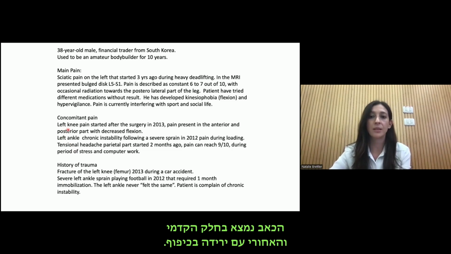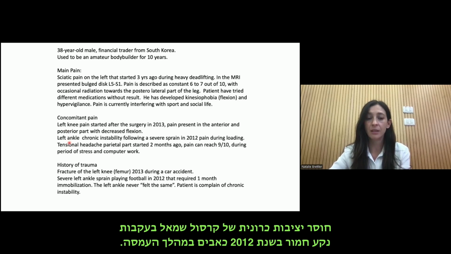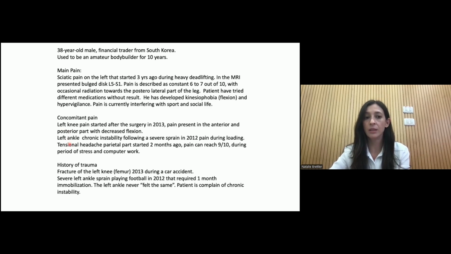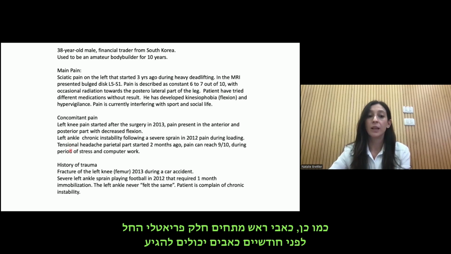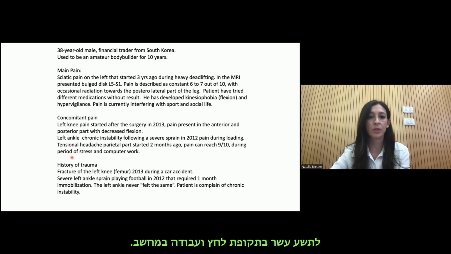The pain is present in the anterior and posterior part, with decreased flexion. Left ankle, chronic instability following a severe sprain in 2012, with pain during loading. Also, tension headaches, parietal part, which started 2 months ago. Pain can reach 9, 10 during periods of stress and computer work.